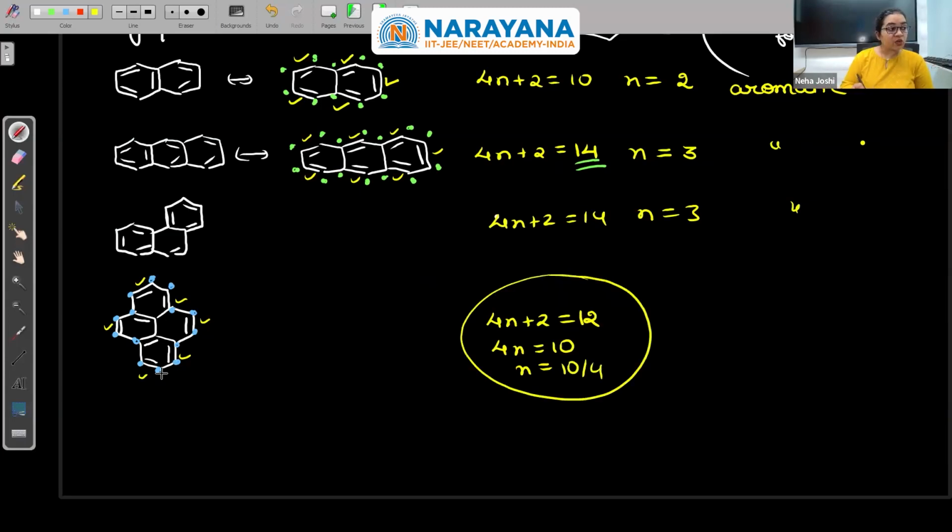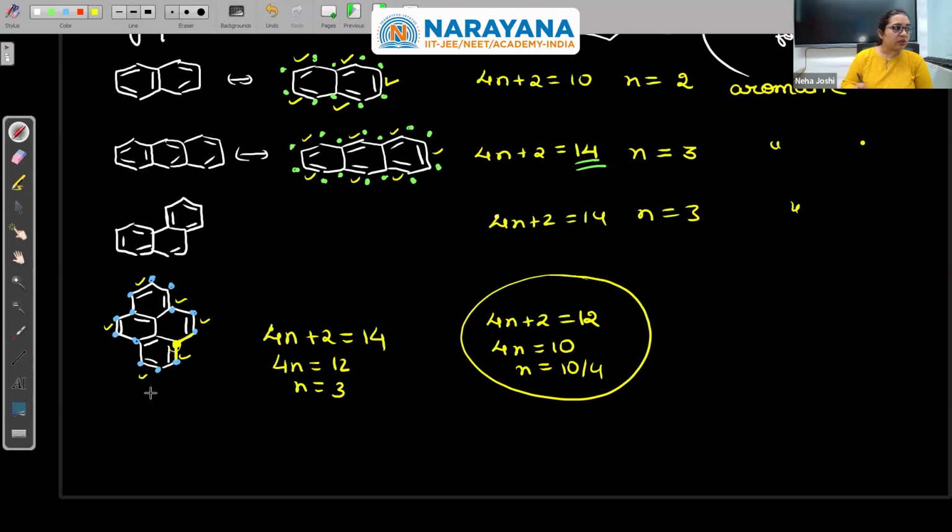Now you may say that I can draw a different resonating structure, and then yes, you can, but how in the exam you will conclude that the resonating structure drawn is inappropriate or appropriate? That is the problem with this type when some carbons are embedded inside. So if you count the peripheral carbon, it is coming 14, because whichever resonating structure you draw, this corner carbon will have its electron on periphery ultimately always, right?